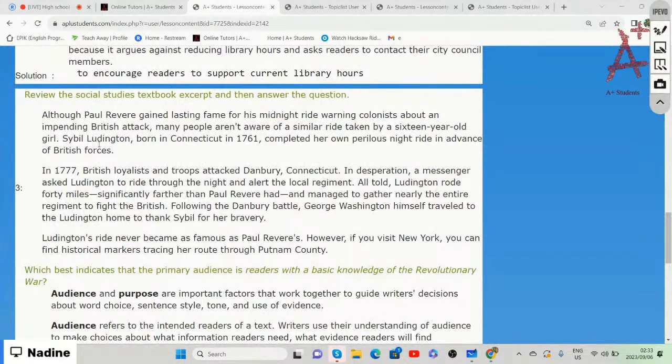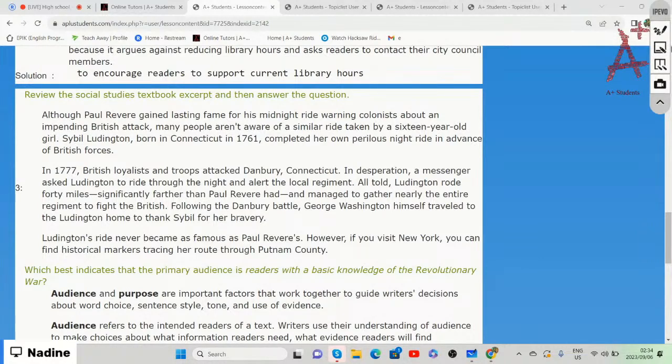Although Paul Revere gained lasting fame for his midnight ride warning colonists about an impending British attack, many people aren't aware of a similar ride taken by a 16-year-old girl, Sybil Ludington, born in Connecticut in 1761, who completed her own perilous night ride in advance of British forces. In 1777, British loyalists and troops attacked Danbury, Connecticut.